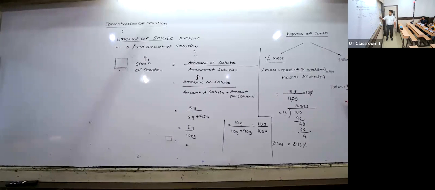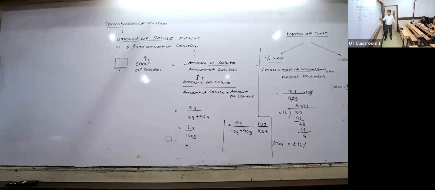So suppose, for example, you are having 10 ml of solute dissolved in 90 ml of solvent, right? So what will be the total volume of solution? The 10 ml and 90 ml of solvent will mix here, so the total volume of the solution will be 10 plus 90, that is 100.